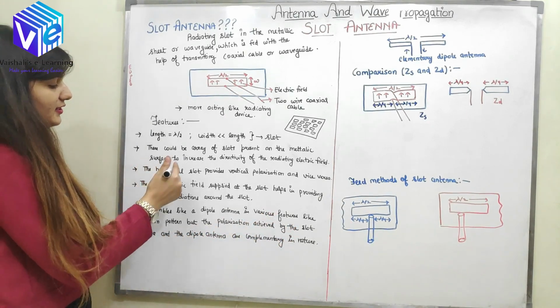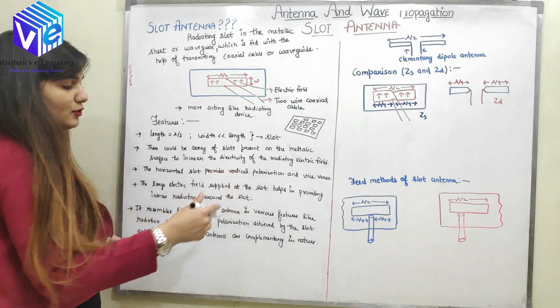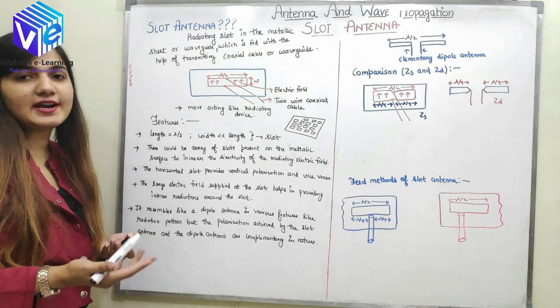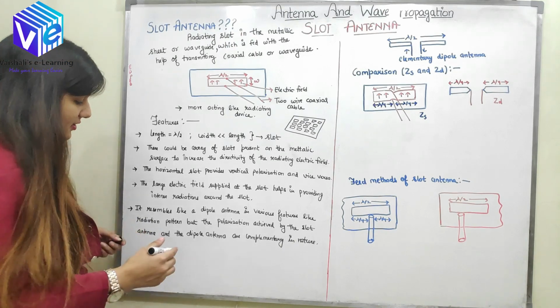So if a horizontal slot is providing me vertical polarization, then a horizontal dipole antenna is providing me horizontal polarization.